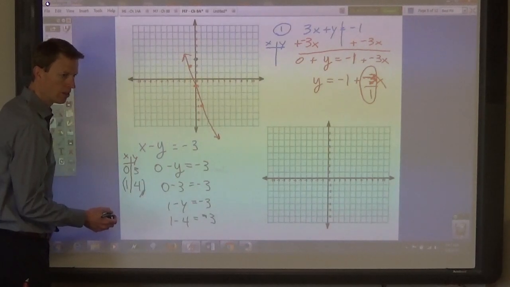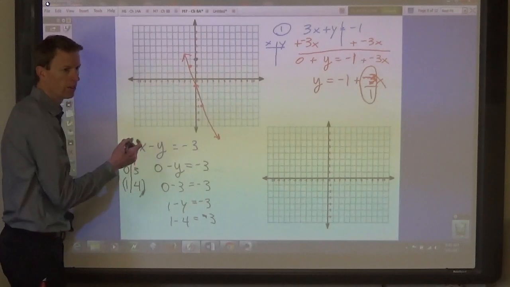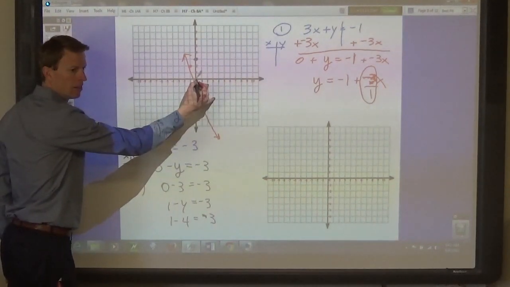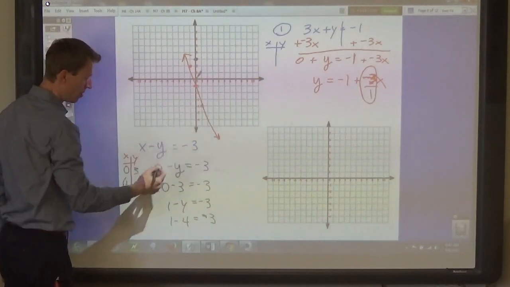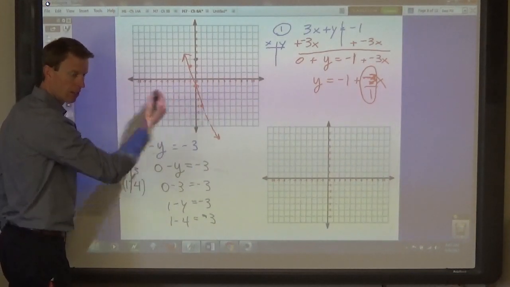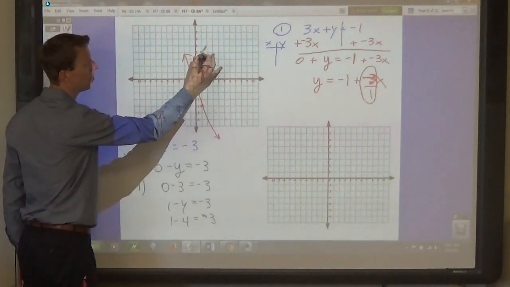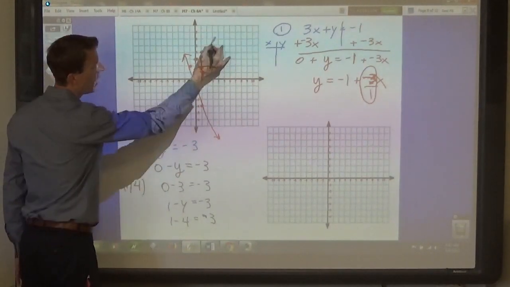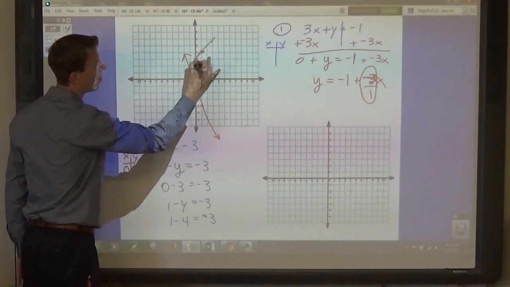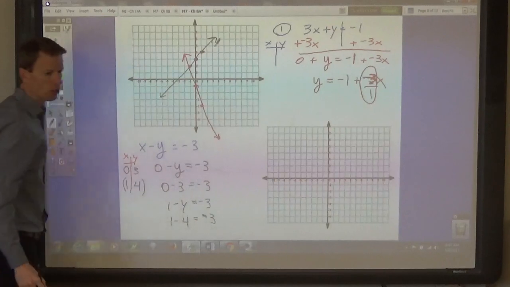So we go 1, 4. Not up. Remember, the x coordinate goes right or left. Good. And you can draw a line through those points. So draw that line.